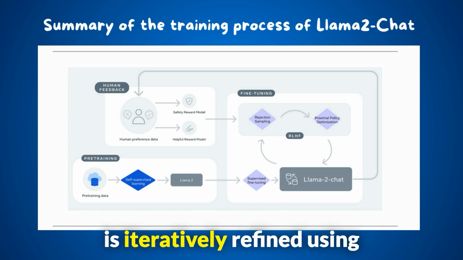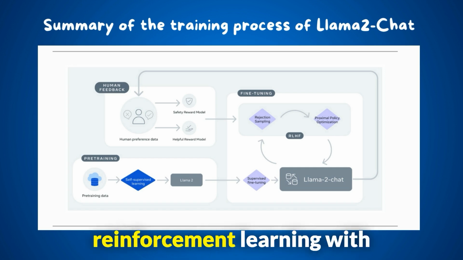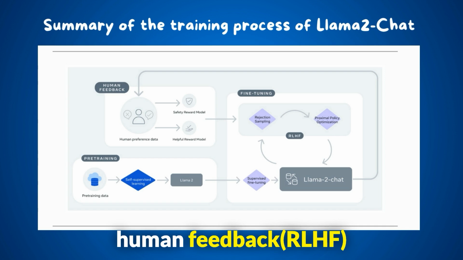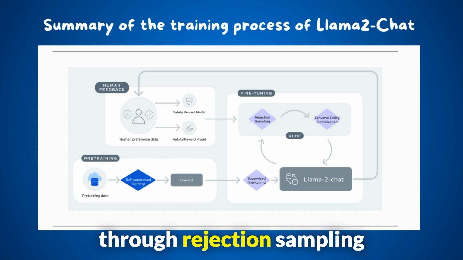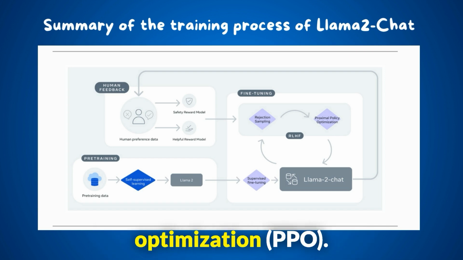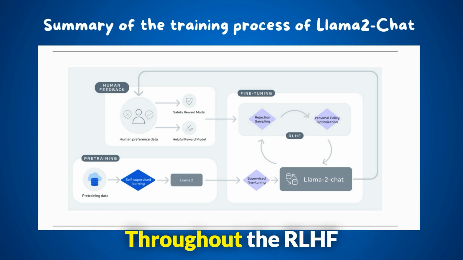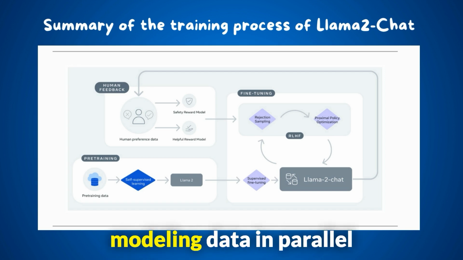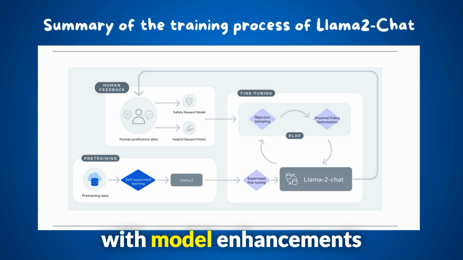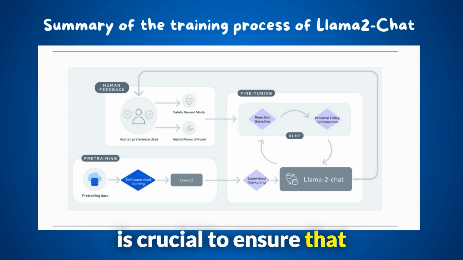Subsequently, the model is iteratively refined using reinforcement learning with human feedback (RLHF) methodologies, specifically through rejection sampling and proximal policy optimization (PPO). Throughout the RLHF stage, the accumulation of iterative reward modeling data in parallel with model enhancements is crucial to ensure the reward model remains within the distribution.